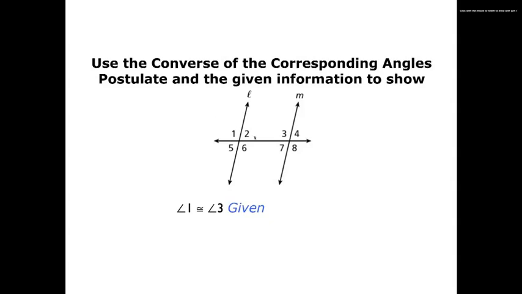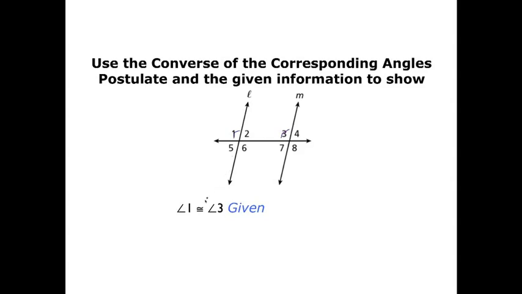So we have angle 1 right here, and angle 3 right here. And you can see that for this transversal running left to right, they're both above the transversal, and for the two lines that the transversal is intersecting, they're on the left side of M and the left side of L. So these angles are in the same corresponding location. They are corresponding angles.